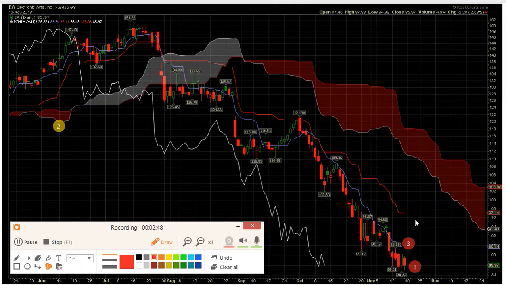Then, is price trading close to or near the Kijun-sen? The Kijun-sen is this red line here. Price is pretty far removed from it. The Kijun-sen is trading at 97 bucks, while price is at about 86. So that would be a bit of a positive indicator or item on our checklist.